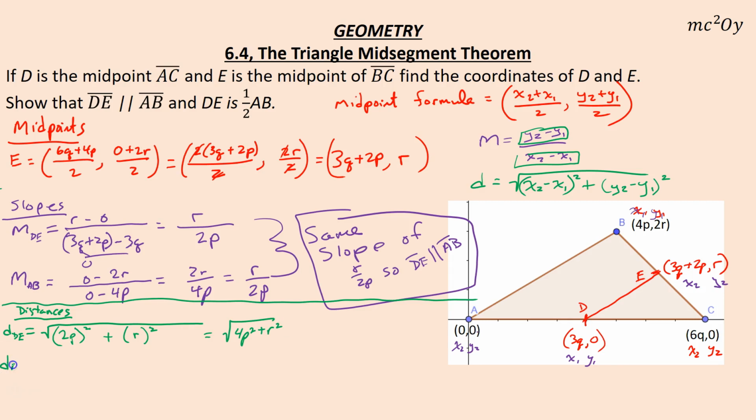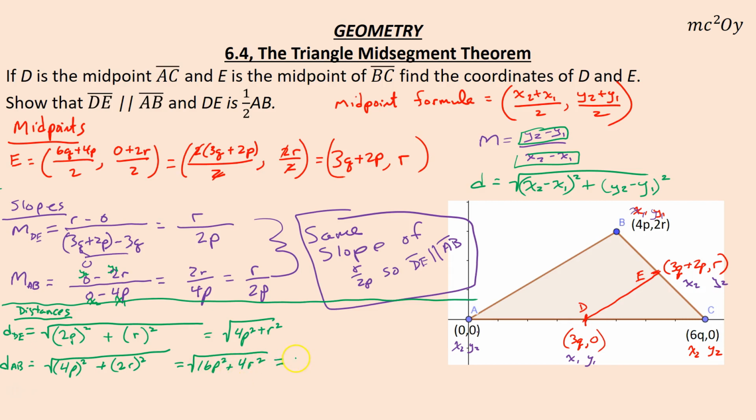Okay, and then the distance of AB. Now when we're doing that, you actually have to look at your original amounts before you reduce. Remember, this is your y2, your y1, your x2, and your x1. So that's going to be our 2r over 4p. Okay, so the 4p quantity squared plus 2r quantity squared, and then simplifying that to end up being 16p squared plus 4r squared. Now looking at this, I can actually simplify.